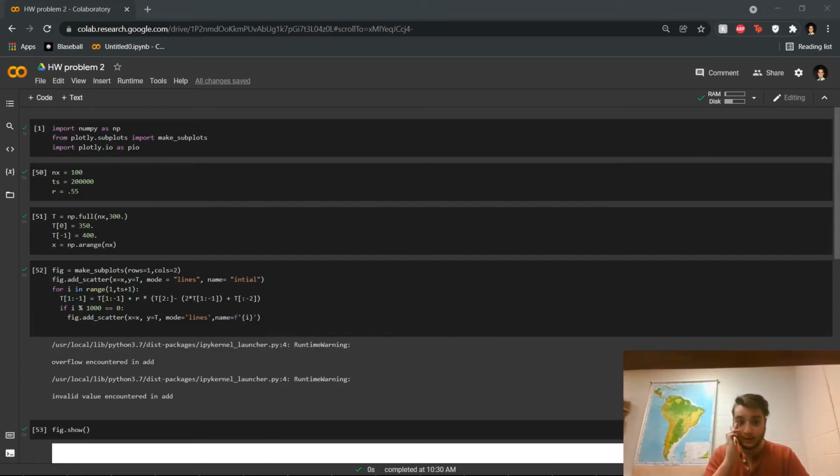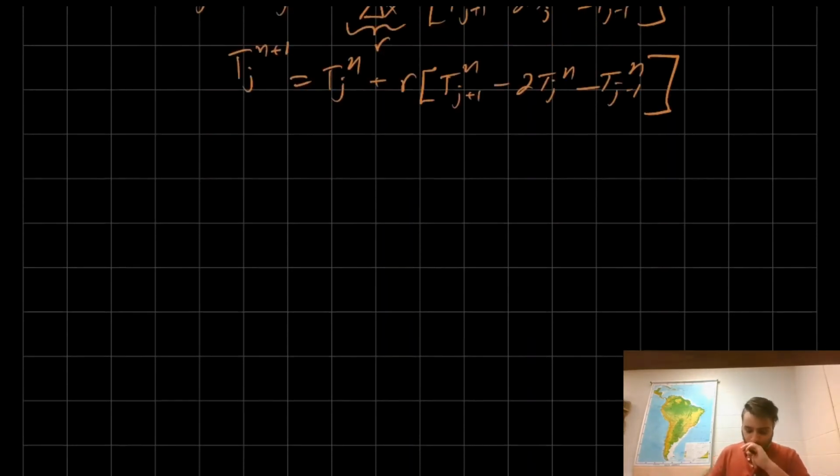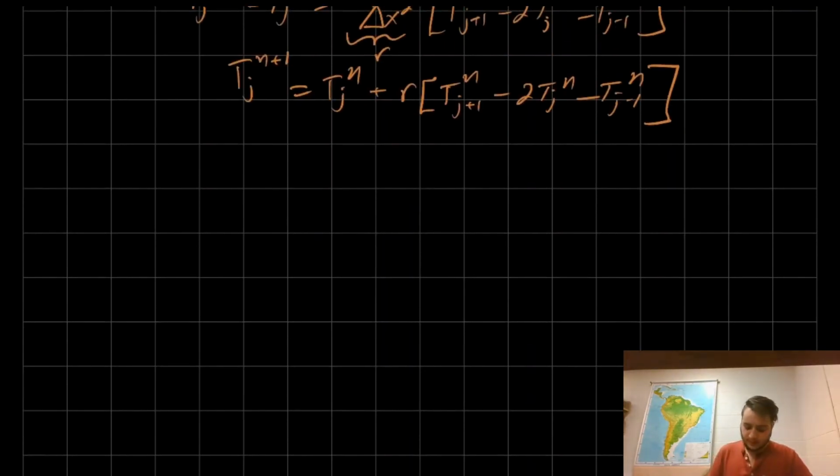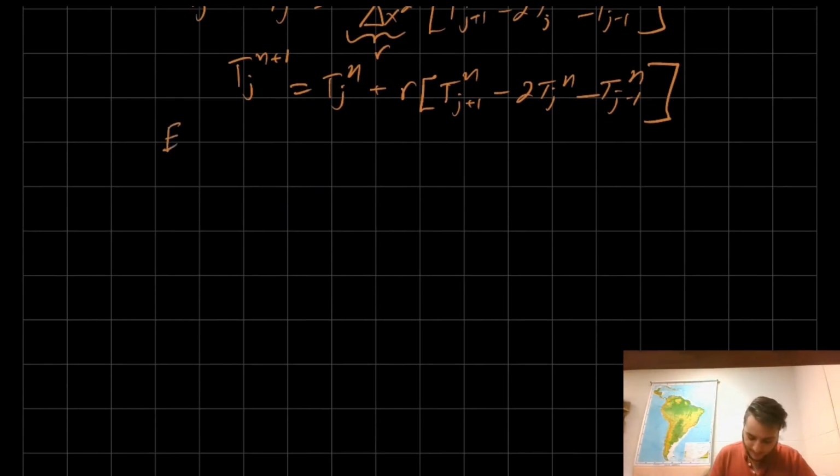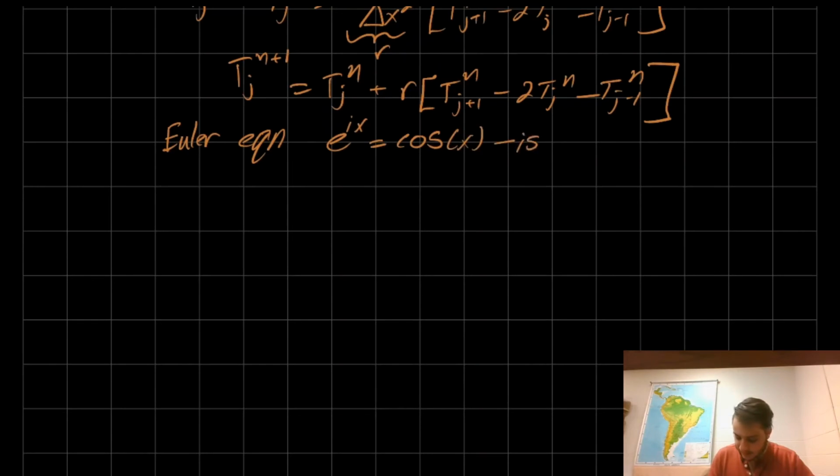Alright, so now let's prove why we can't have an r value greater than 0.5. So let's recall the Euler equation: e to the ix is equal to cosine of x plus i sine of x.